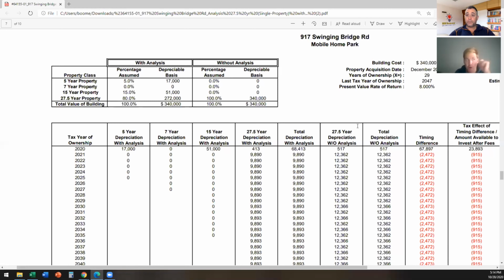However, by doing the cost seg study, instead of having the $517, you're going to have $68,000. So that's why you have a difference of $67,897 of additional depreciation expense to be used in year 1. Whenever you buy a property late in the year, by doing a cost seg study for that year, you're able to really reap the benefit of depreciation expense, whereas you would not had you done straight line depreciation.